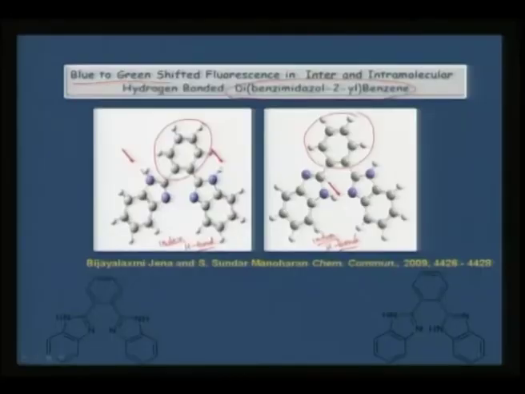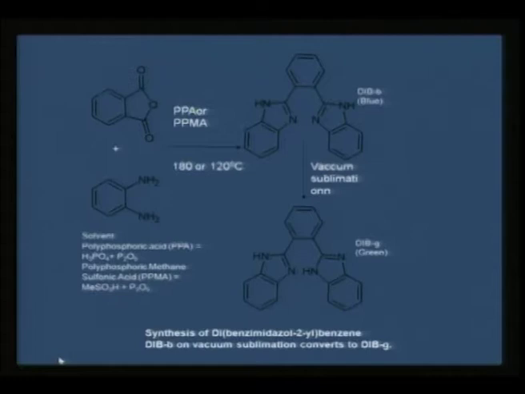There is a blue to green shifted fluorescence when you have an inter or an intramolecular hydrogen bonding, and I will show you a quick representation of how this happens.